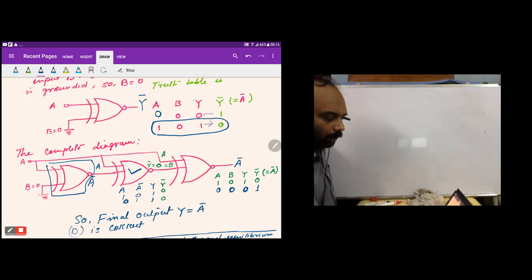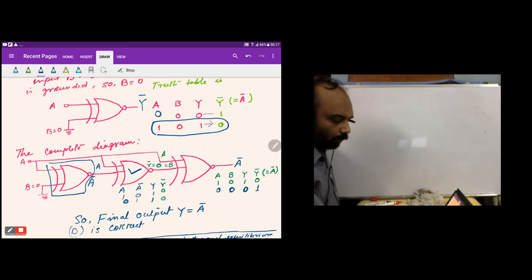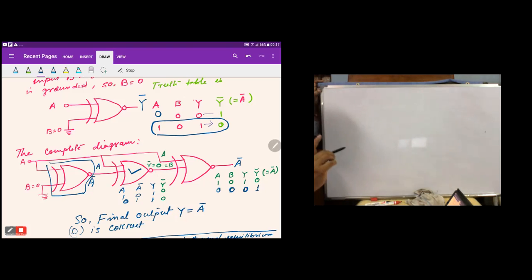So A bar, the output is Y, and then bar of that, which is Y bar. So A 1 gives, and then A dash, or A bar, is 0, my output will be 1, and then my Y bar will be 0, which is my final output from stage 2. And then when A is 0, definitely A dash or A bar will be 1. So my Y will be 1, and therefore after the NOT operation, I will have 1 bar, which is 0. So the output from the second stage is 0.